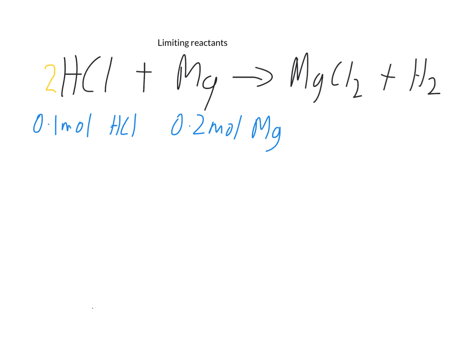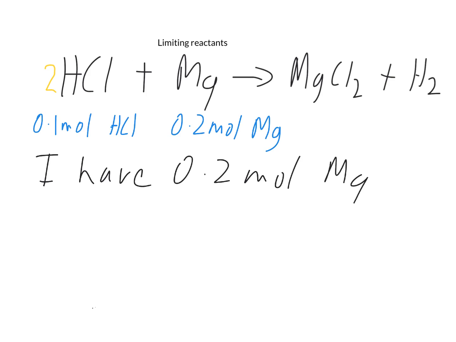Now we need to know which one of these we're going to run out of first. The way I do this is I normally base myself on one of these 2 reactants. Doesn't matter which one, I'm going to use the magnesium. And I work out how much of the other reactant I need based on that first one. So I'm going to say I have 0.2 moles magnesium.